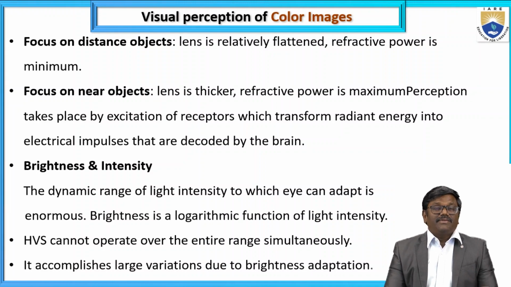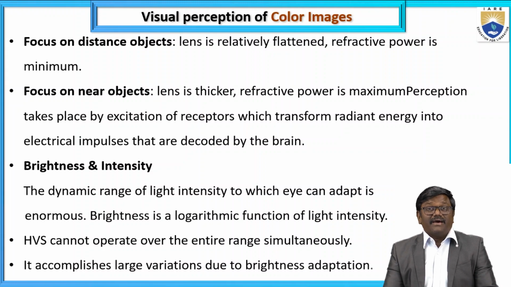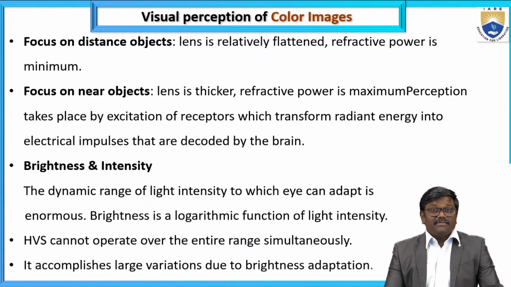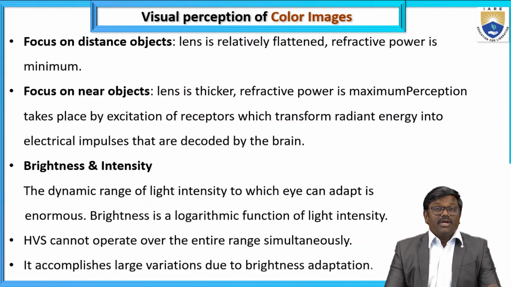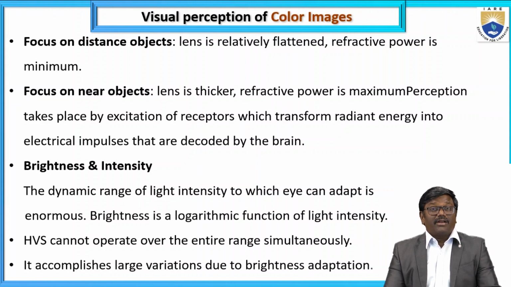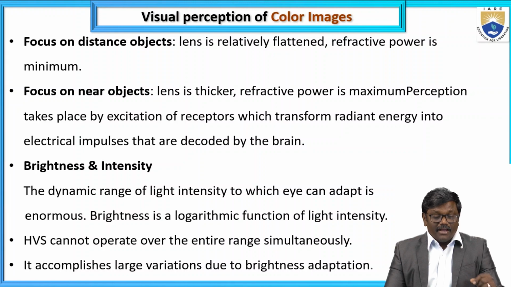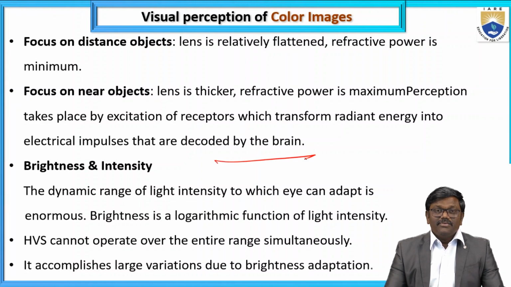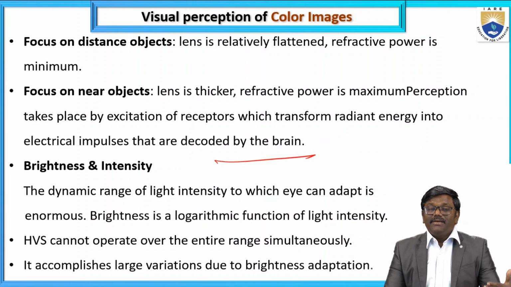To focus on a near object, the lens is thicker. Refractive power is maximum. Perception takes place by excitation of receptors which transform radiant energy into electrical impulses that are decoded by the brain. So we understand RGB models.